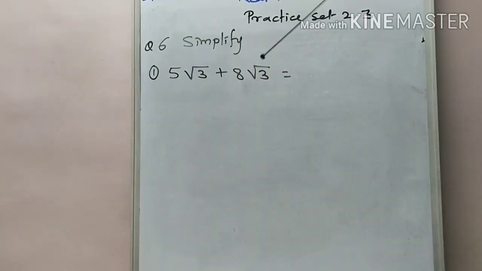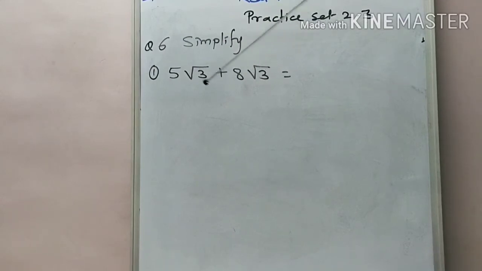Sixth question is simplify. Means what? You have to do addition or subtraction of the two surds, and there is one rule when we do that addition or subtraction. If the surds are like surds, means that order is same and the radicands are also same.